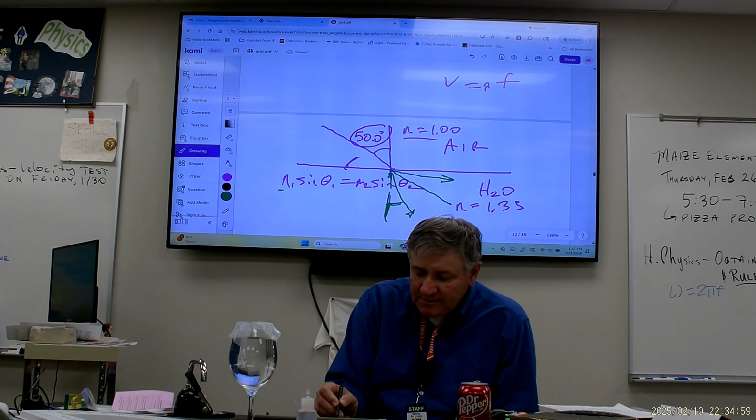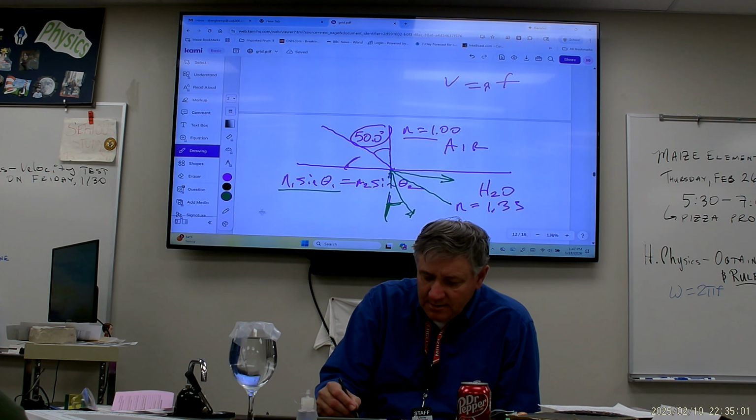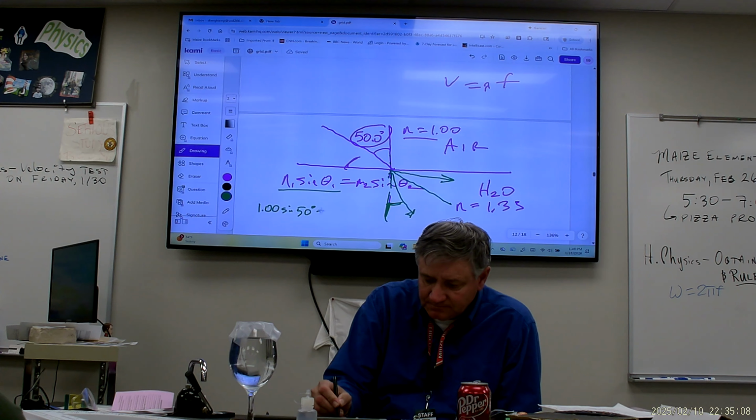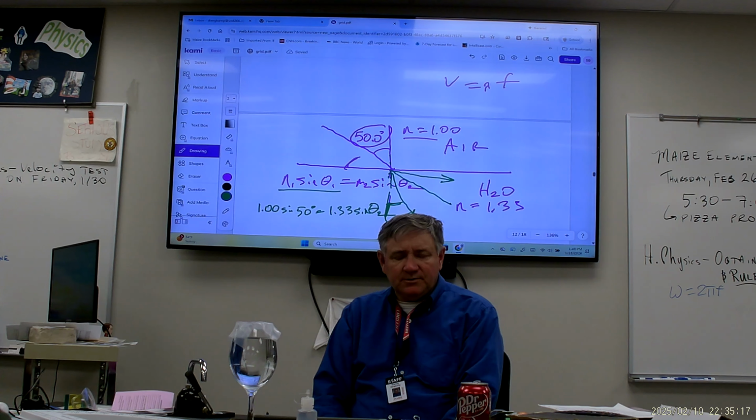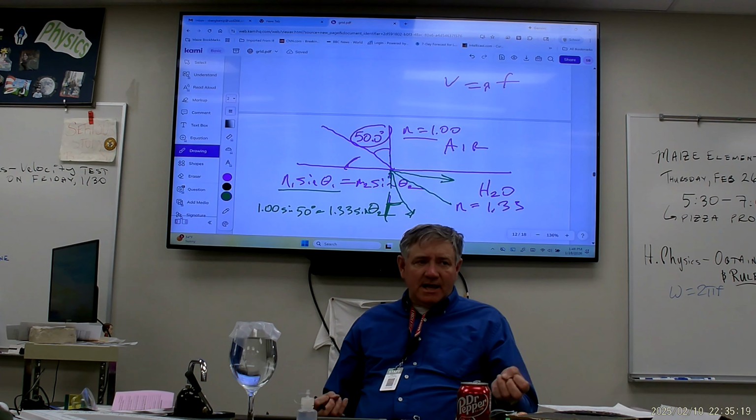So here's the math. So we have N1, which is your air, times the sine of, in this case, 50 degrees. That's going to equal N2, 1.33 times the sine of theta 2. So how are you going to get that second angle?